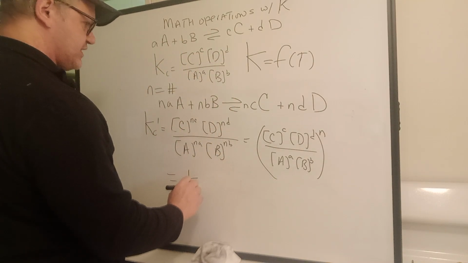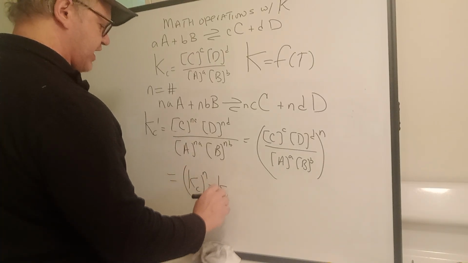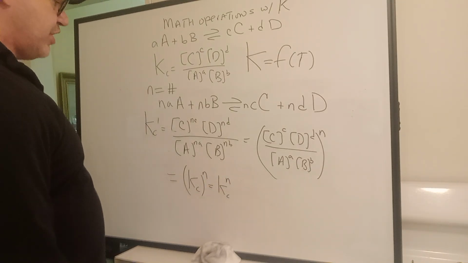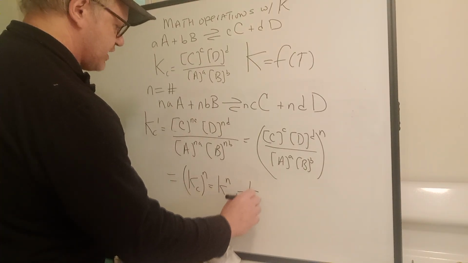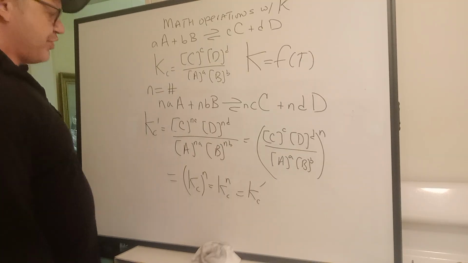So we have Kc on the inside raised to the n, and I'll just write it like Kc to the n. And so that's another form. If you want, we could call that Kc prime. And so that's another thing.